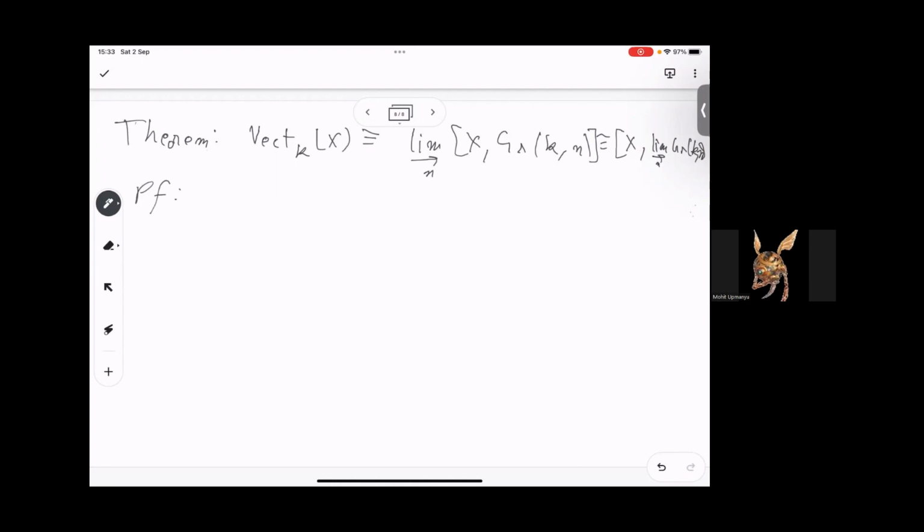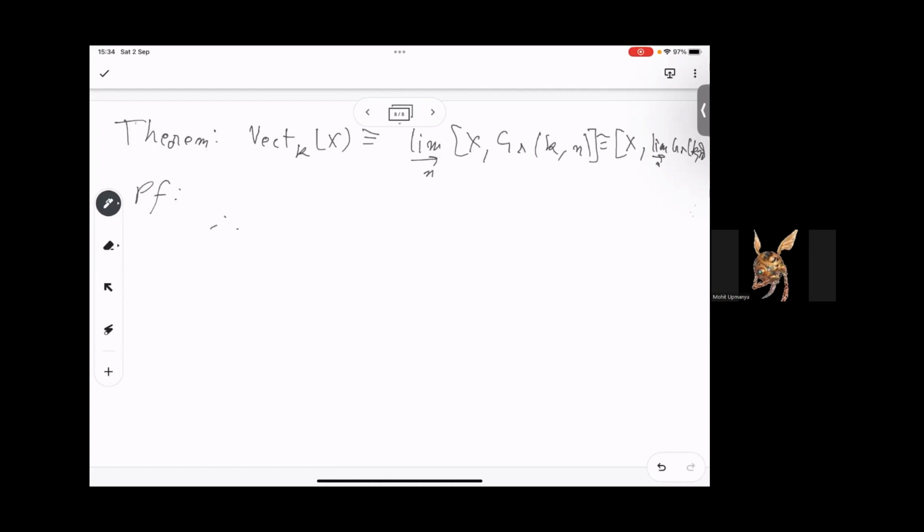Using the arguments that we saw above, given any vector bundle, we can obtain a map to the Grassmannian. Now, if 2 vector bundles are isomorphic, then it would give me different embeddings into Grassmannians. They could possibly give me different embeddings, but those embeddings are necessarily homotopic.